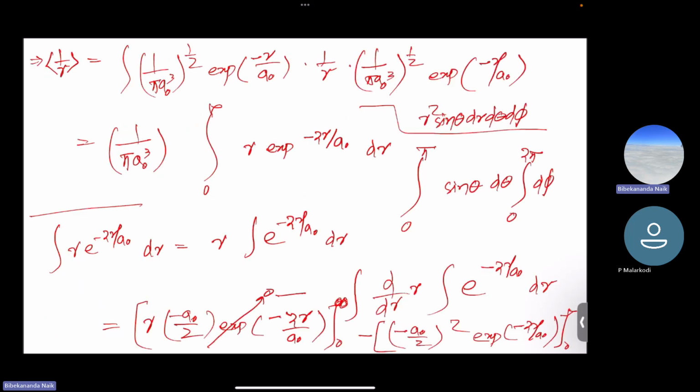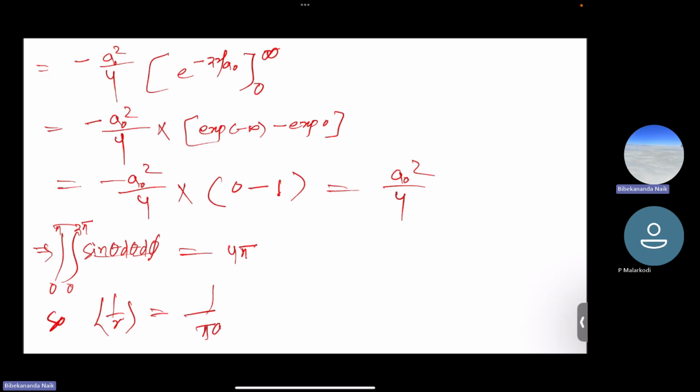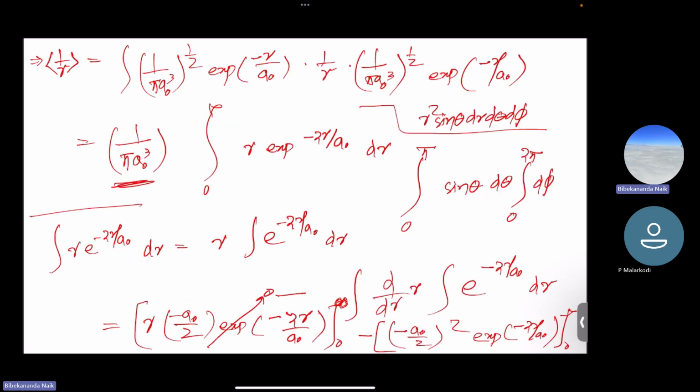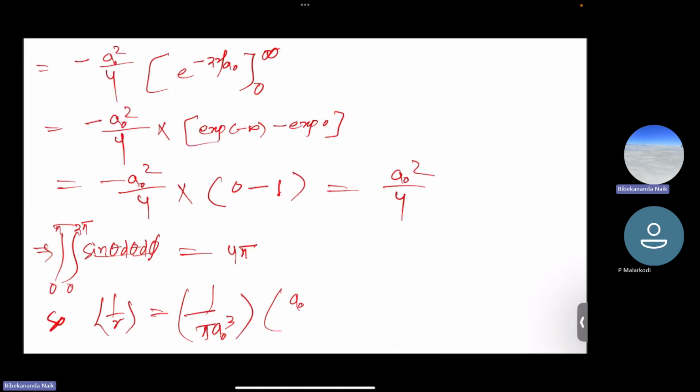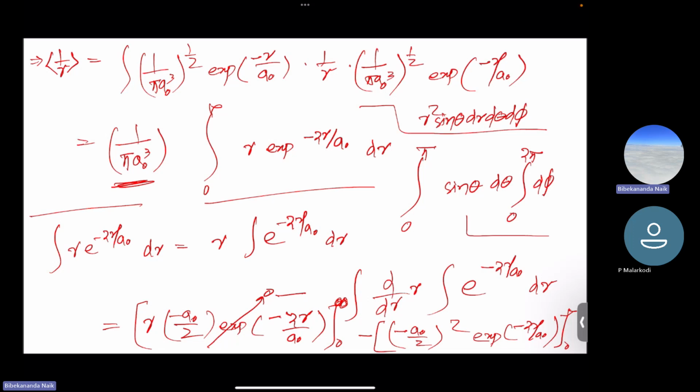It will be 1 by pi a0 cubed, that was already taken outside this term. Then the r term gave us a0 square by 4, into 4 pi, that is this integral. So this is equation 3, this is 2, and this is equation 1.